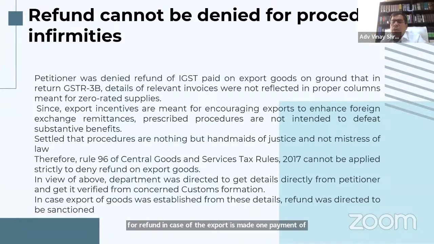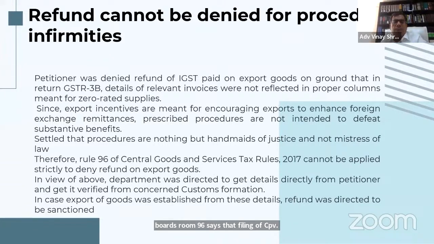While in case of refund of unutilized input tax credit on exports, a procedure for refund claim is prescribed in Rule 89, Sub-rule 4. But in case of refund of IGST paid on the export goods, Rule 96 says that filing of the shipping bill tantamounts to a claim for refund.